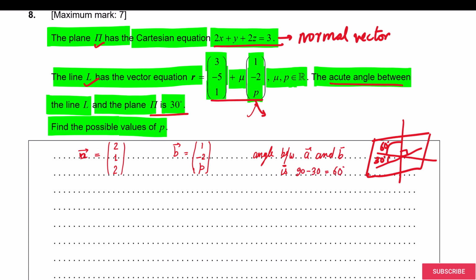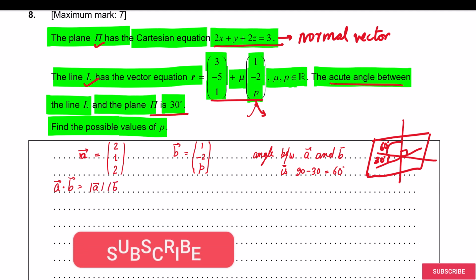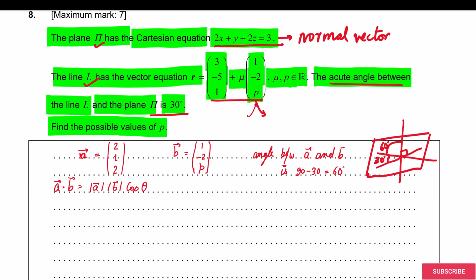We will use the formula for the dot product: a dot b equals the magnitude of vector a times the magnitude of vector b times cos of the angle between them. Let's take it as theta. From here we have a and b, so we can first calculate a dot b. In the dot product we take the corresponding components and multiply them. (2, 1, 2) dot (1, -2, p) is 2 times 1, which is 2, 1 times -2 is -2, and then plus 2 times p.